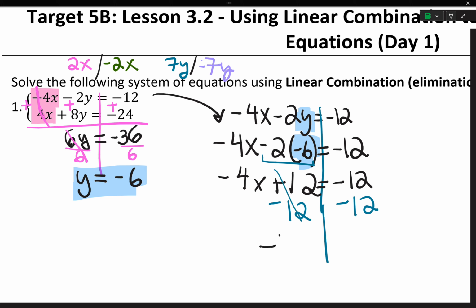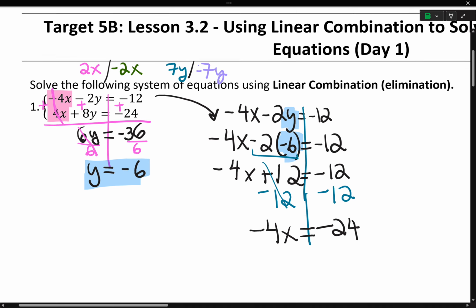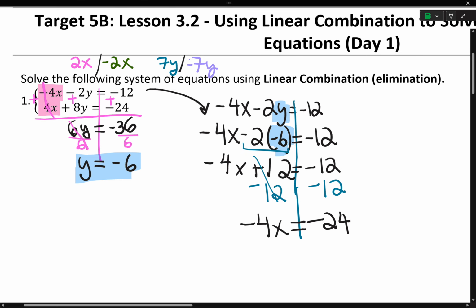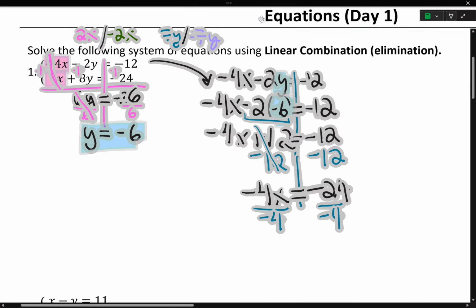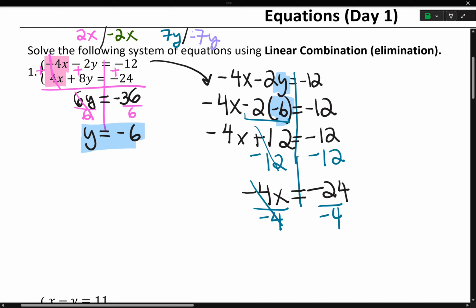So we got negative 4x equals negative 24, because negative 12 minus 12 is negative 24. And then one final step to finding out x, and that is dividing by negative 4. Negative 4 divided by negative 4 is 1. So we have that x equals positive 6.